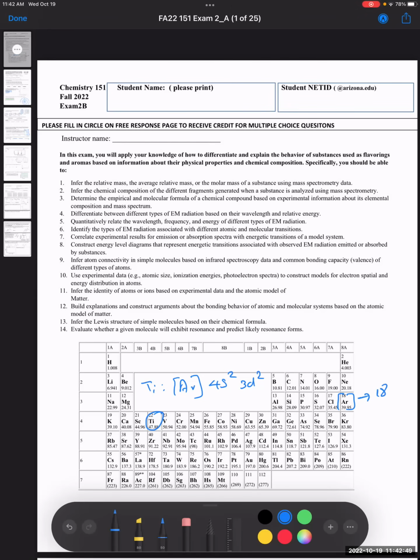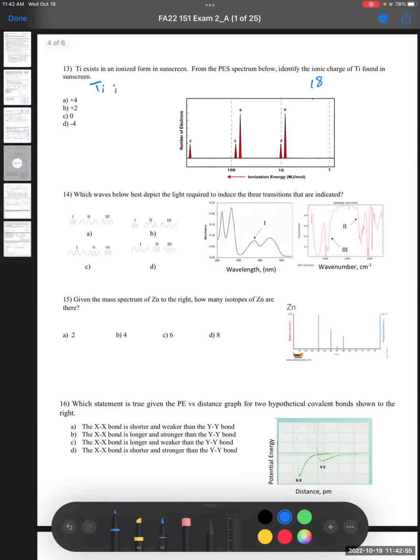Okay, so now what we have in this electron spectrum is 18 electrons. So if you write this again, this is argon and 3d2, 4s2 is the electron configuration of titanium. Now what we have is the argon electron configuration.